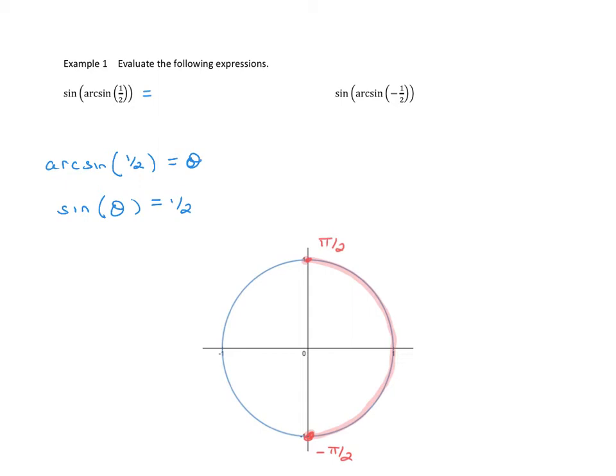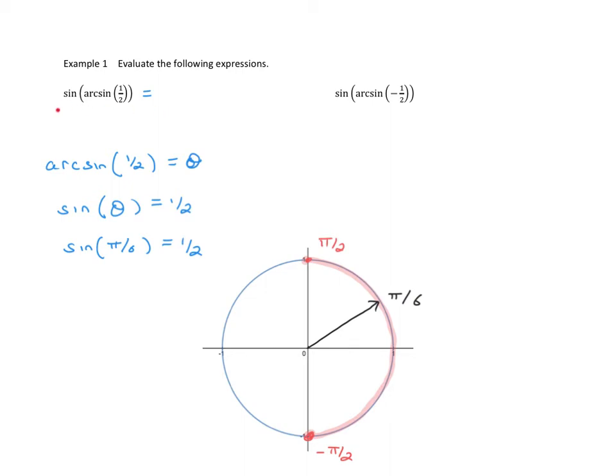And I just happen to know that that is a 30-degree angle. And I'll use radians, which is pi over 6. So we have that sine of pi over 6 is equal to a half. And that's the one I want to use for arcsine because the angle pi over 6 is between negative pi over 2 and pi over 2.